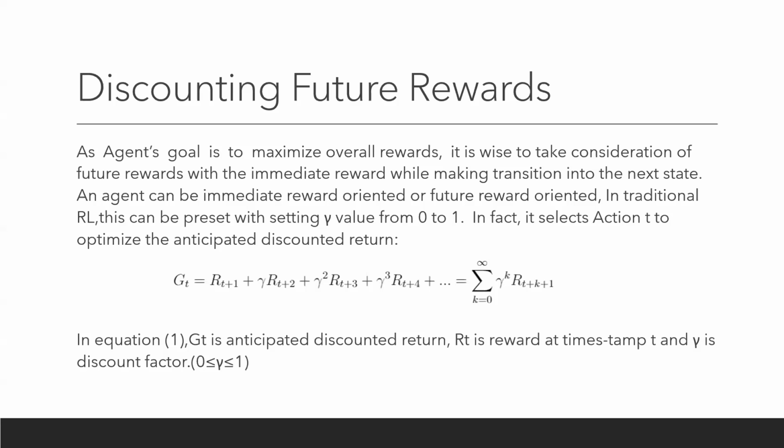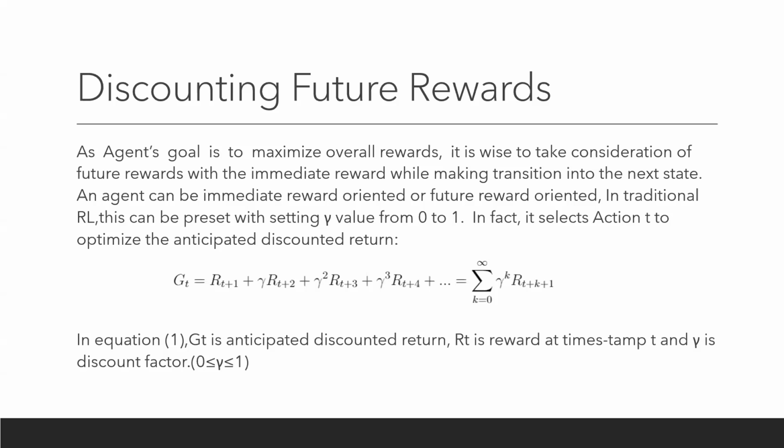Let's say the agent has several options to consider for which action to perform or which next state to go to. In that case, sometimes the immediate reward is less, but the following consecutive state has a larger reward.